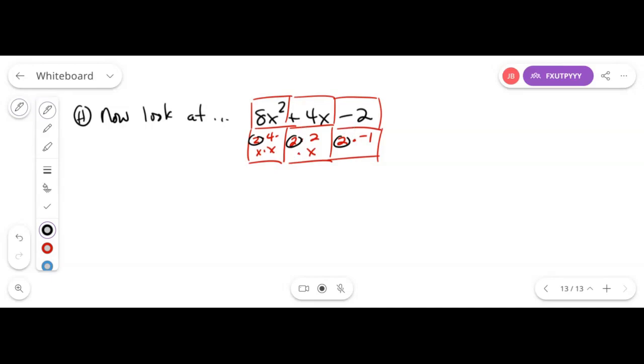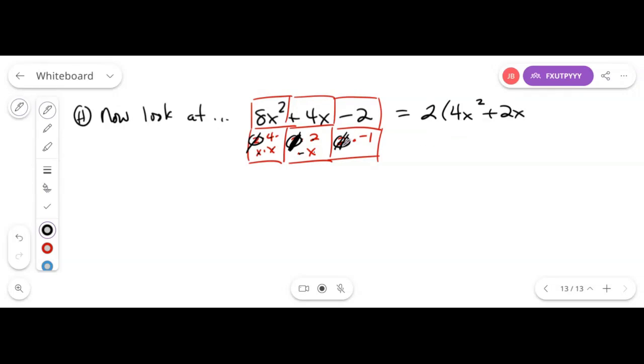The only thing that can come out of each of those 3 boxes, because it has to be the same thing out of all 3 boxes, is 2. If I take a 2 out, divide that 2 out, I'm left with 4x squared. If I take this 2 and divide it out, I'm left with 2 times x.